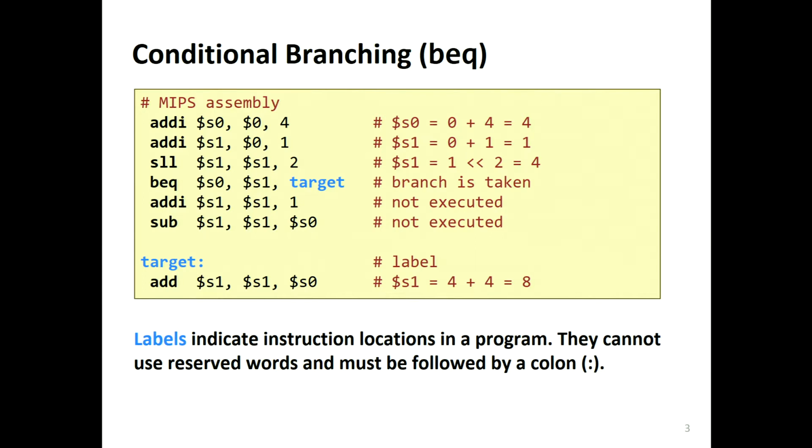They cannot use reserved words like other instruction names, and they must be followed by a colon. Okay, this is important when you write the actual assembly code, I believe in Lab 6 or Lab 7, depending on how we're going to design the labs in the end. Also later on, this will be important for you to break out of loops. And I believe yesterday Anjan already covered the while loop extensively.